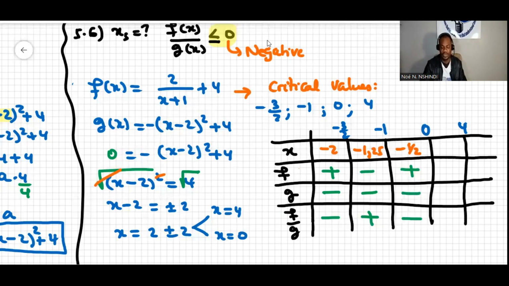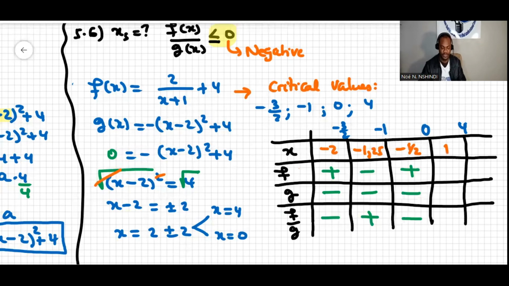Now we move on to the next interval. We can pick a number between 0 and 4, any number will work. If I take a random number like 1, for instance, and sub 1 there, it's still going to be positive because we have everything positive here.